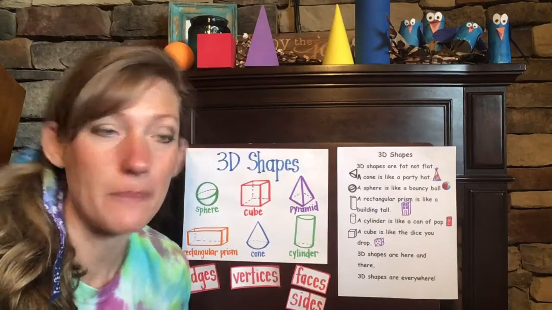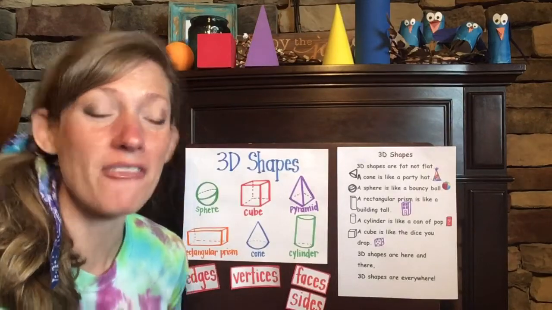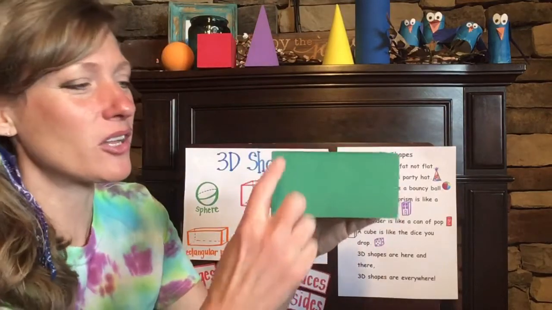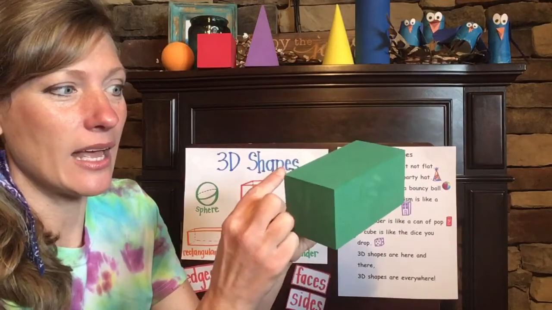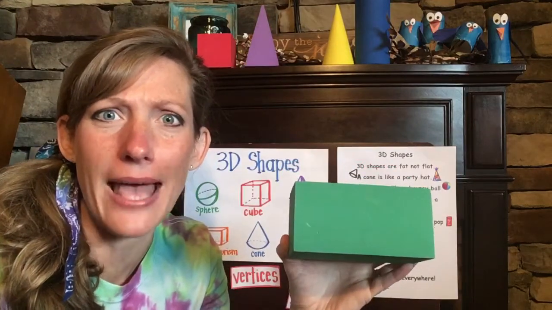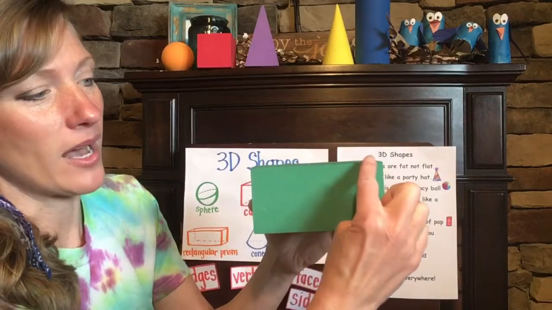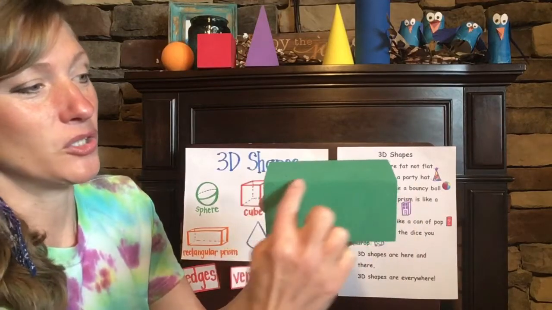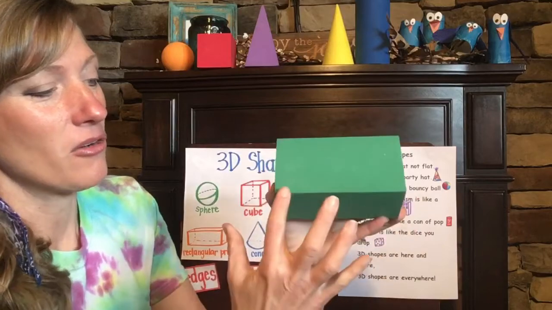But there's another word up here. Edges. 3D shapes can have edges. If you look at the rectangular prism, here's an edge, here's an edge, here's another edge. Oh my goodness, it has lots of edges. Can we count them? Okay, let's start with these edges. 1, 2, 3, 4.